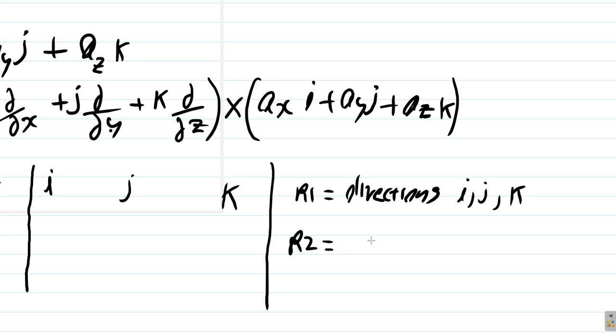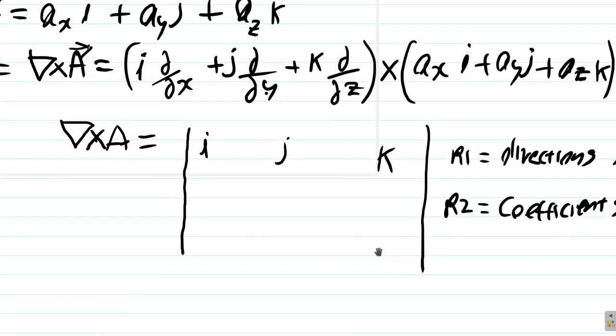Row 2 will be the coefficients of the vector on the left, the first one. If you say A cross B, then the coefficients in row 2 would be the A coefficients.